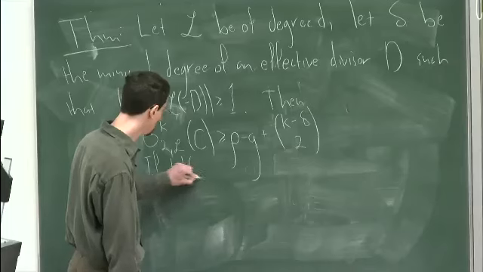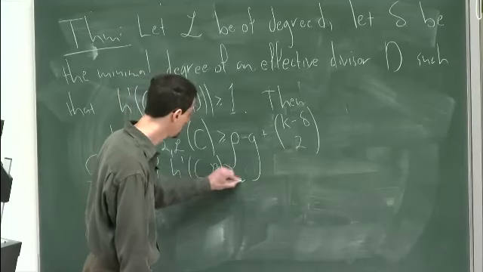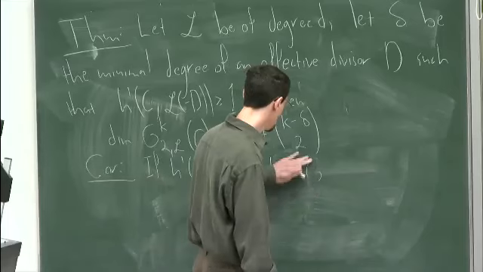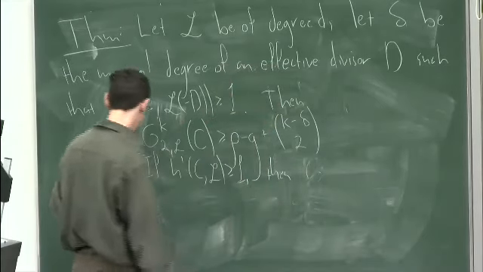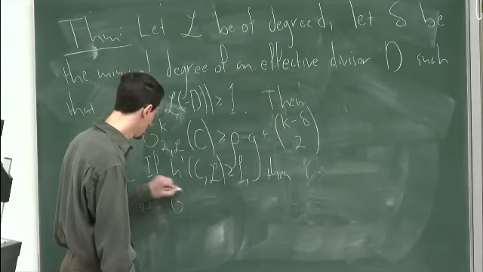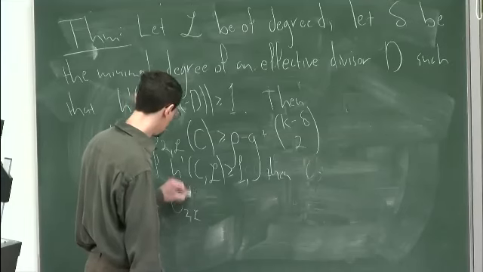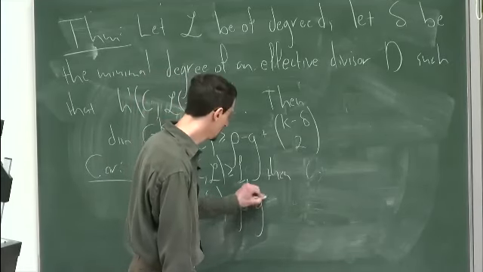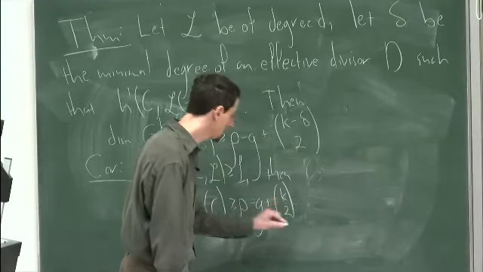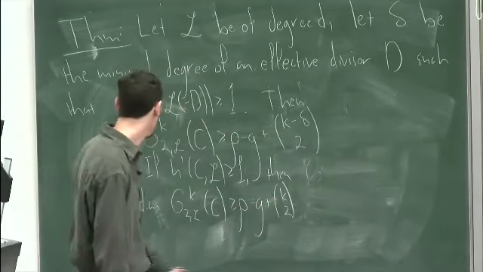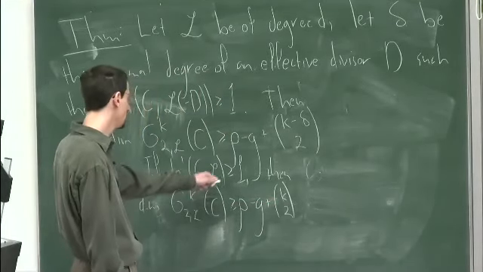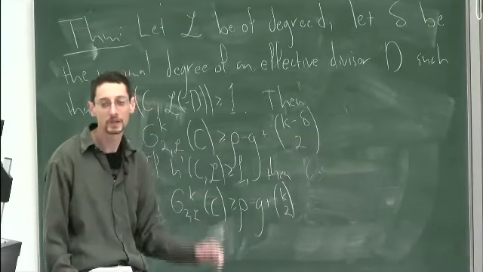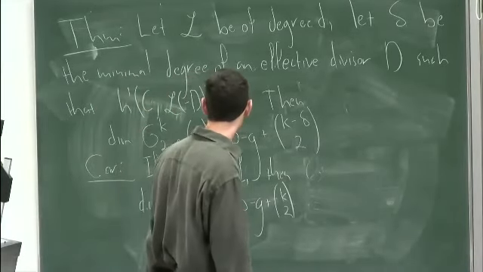If H1 of C, L is already at least 1, then we get that the dimension is the same as the result gotten by Bertram, Feinberg, and Mukai. So this is a generalization of their result. It's not that L was canonical that was so special, but just that it had non-trivial H1 is already enough to get this modified bound.